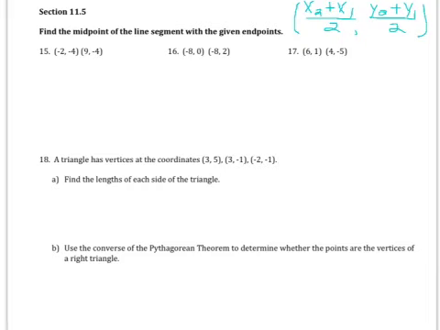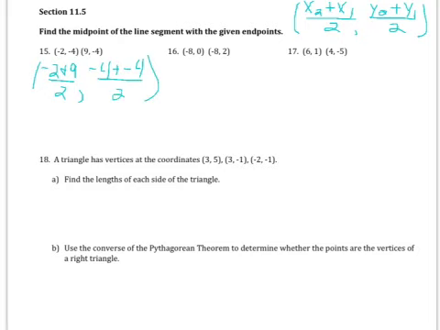So let's take a look at 15. So for 15, we're going to add the x's together. So we get negative 2 plus 9 divided by 2. Made the parenthesis a little big there. And then we have negative 4 plus negative 4 divided by 2.